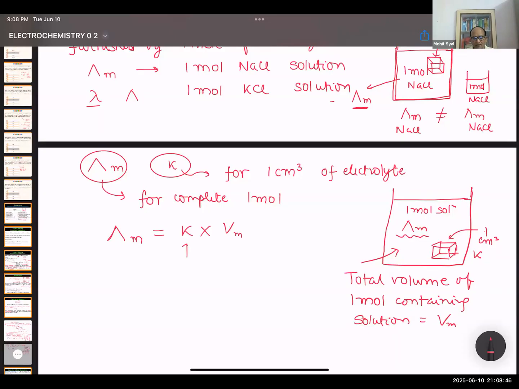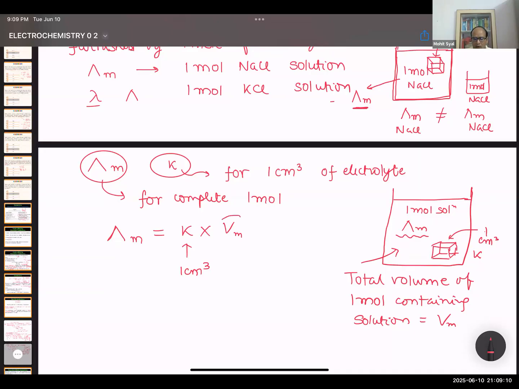This is for 1 cubic centimeter. And if you want to find the molar conductance of total 1 mole, you need to multiply it by total volume. For 1 cubic centimeter, it is kappa. For total, it is kappa into total volume occupied by 1 mole of solution. Is it clear?